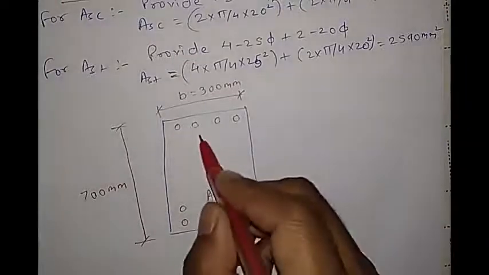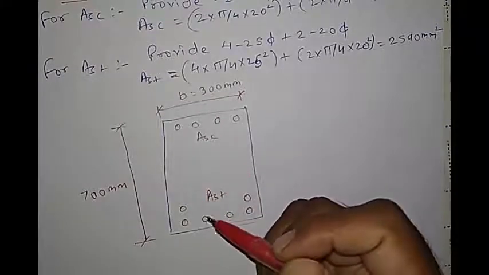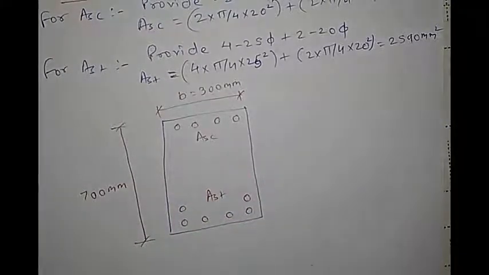This is your AST and this is your ASC. We have provided the different diameter bars so that our AST and ASC are optimized. So you should also check what is the area of steel you need to provide, so that optimization or economy can be achieved.